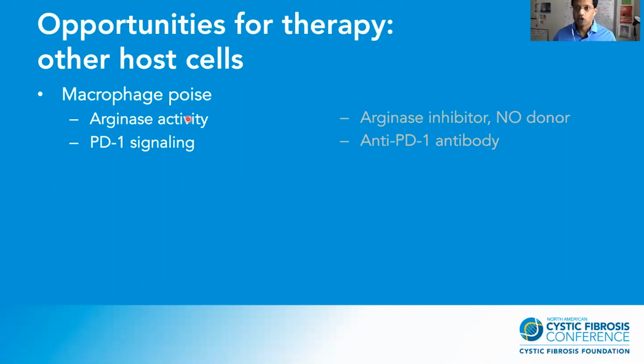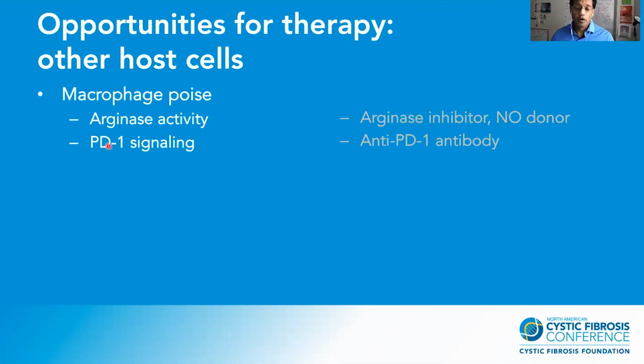Arginine is essential for macrophages to do their function, especially to activate NO production. Downstream of arginase activity is a lot of the activity from macrophages. So what we want here is to inhibit this pathway so we can make the macrophages active again, especially in bacterial killing.